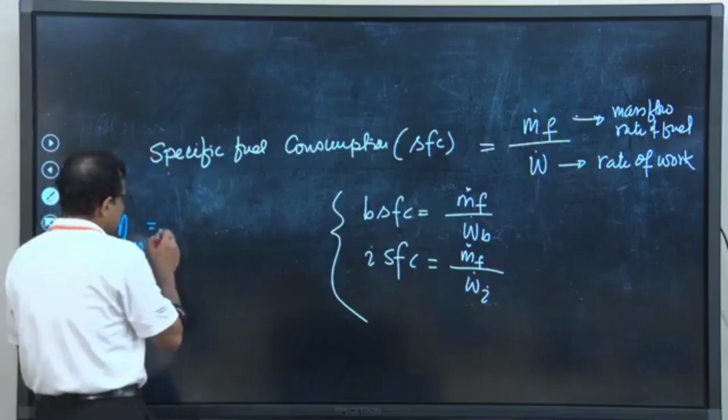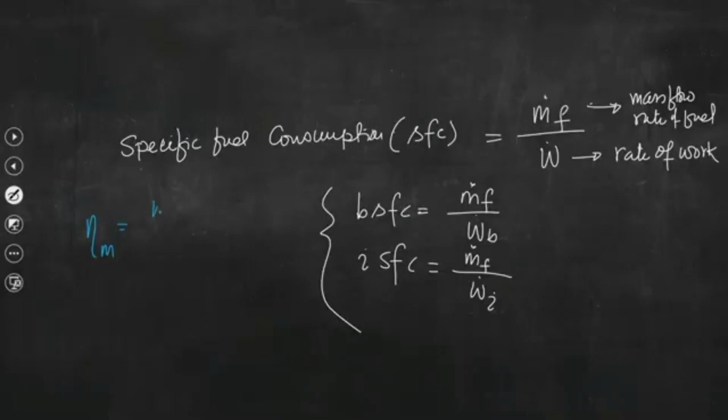Mechanical efficiency we could define as brake work divided by indicated work. So, we can also write it in the rate form, W dot B by W dot I, right.